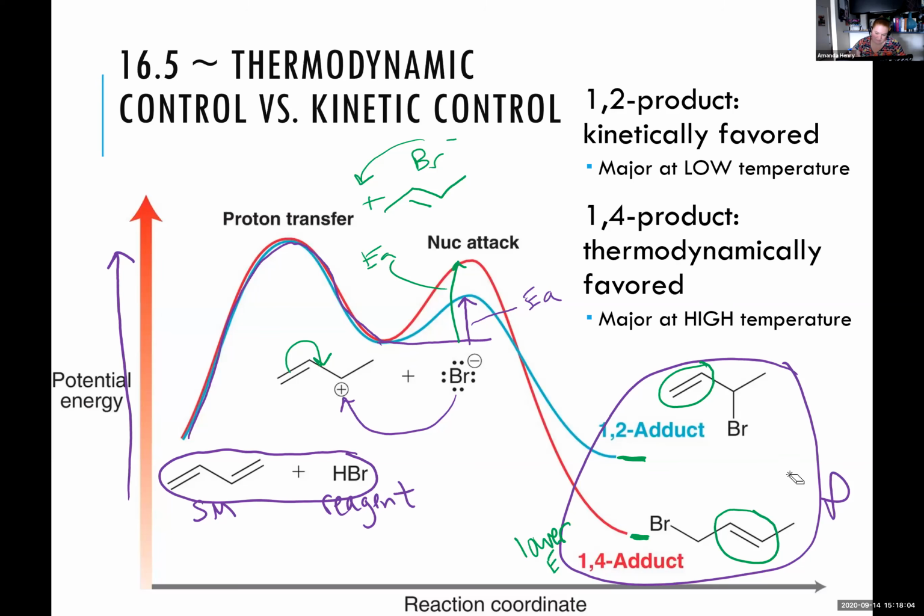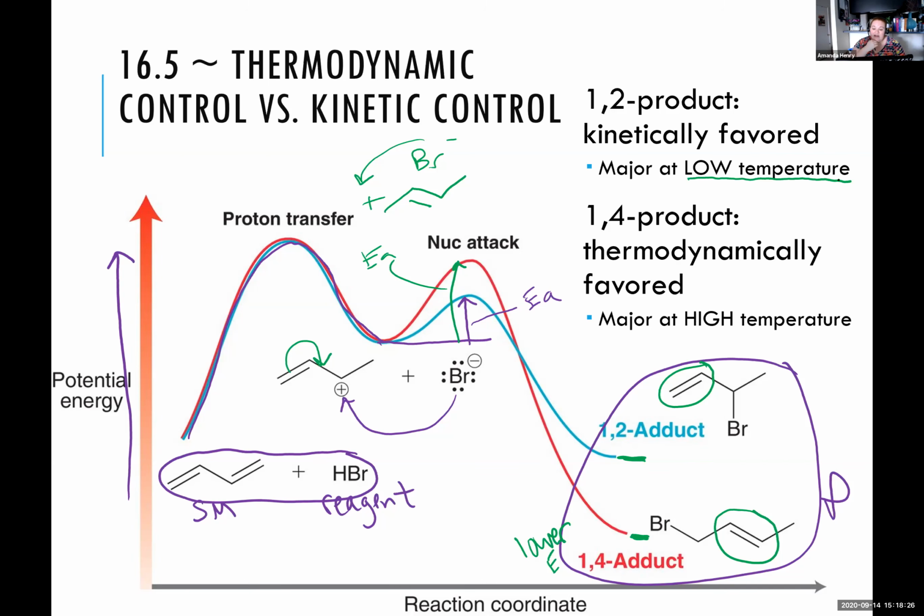So what does temperature have to do with this? When we are at low temperatures, we're only providing the reaction with a small amount of energy, probably just from stirring it. And it's not going to be enough energy to get over that big hill to make the product for the 1,4.